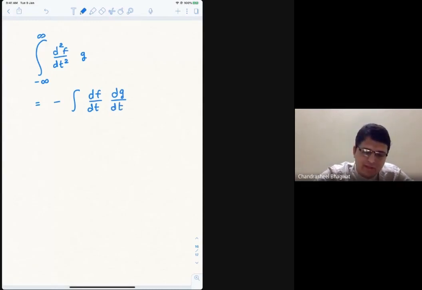Whereas if I put a minus sign here, this minus sign vanishes, and if I look at just f instead of g, then I'm going to get such an equation. So this is the meaning of positive definiteness here.